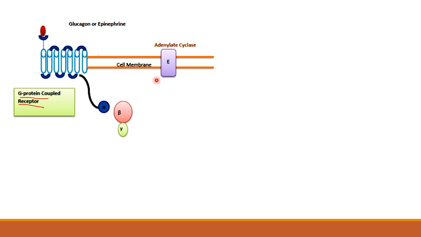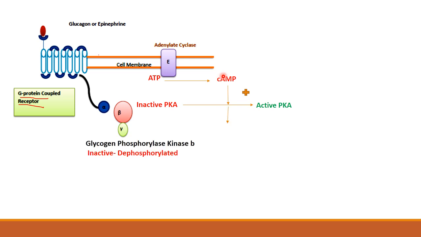What will this enzyme do? This enzyme will act on adenosine triphosphate and break it down to cyclic AMP. Now this cyclic AMP will activate protein kinase A to its activated form, and this activated protein kinase A will act on glycogen phosphorylase kinase B.